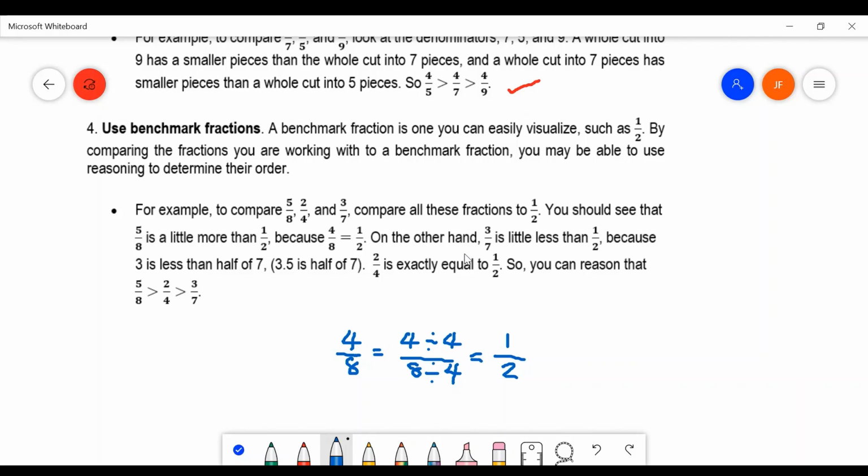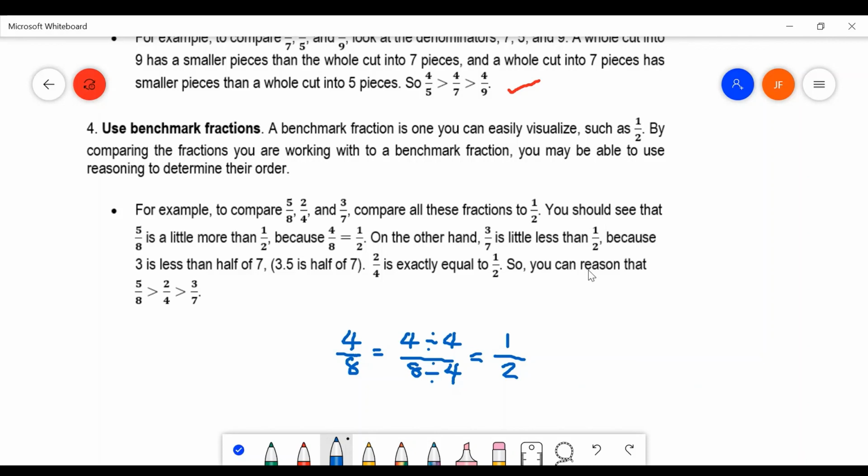Okay, on the other hand, 3/7 is a little less than 1/2 because 3 is less than half of 7, which is 3 and 5/10, or 3.5 is half of 7. 2/4 is exactly equal to 1/2.